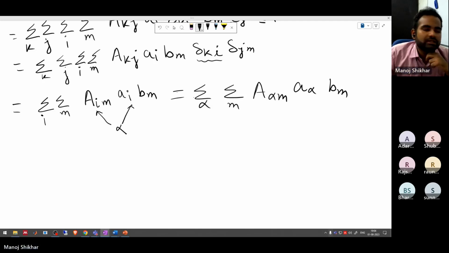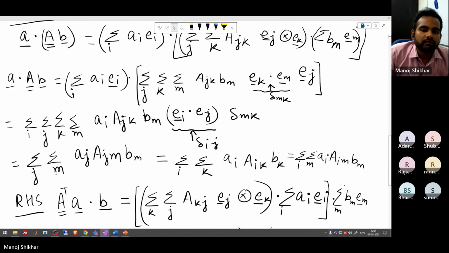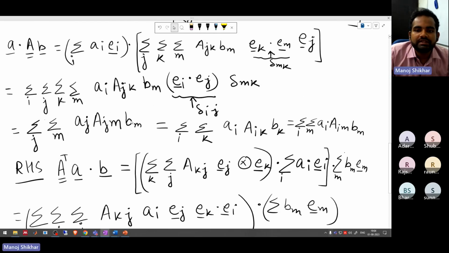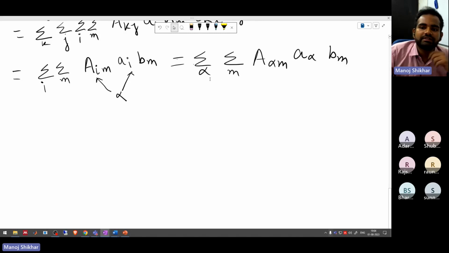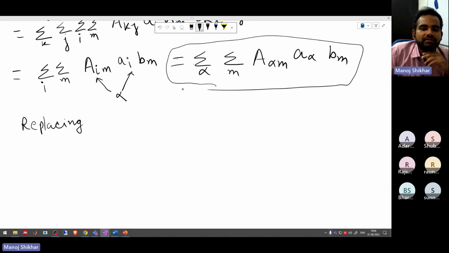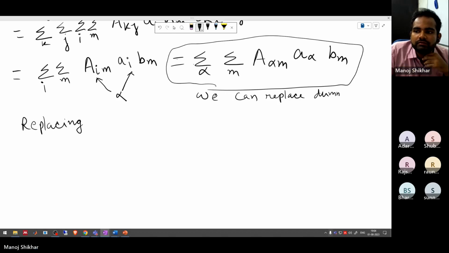Okay, so just to show you that both the forms are the same, whatever we have got here, I will replace the alpha by J. Sorry, I will replace the I by J. I just did this to show you that we can replace the dummy indices, or repeating indices.